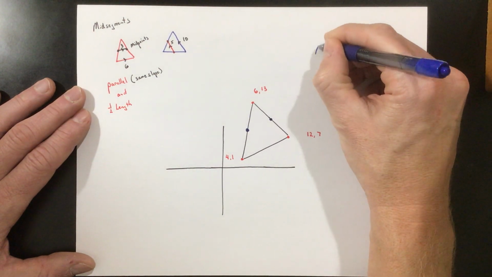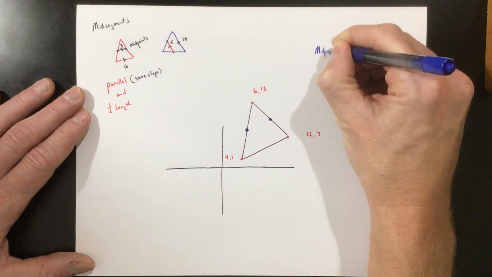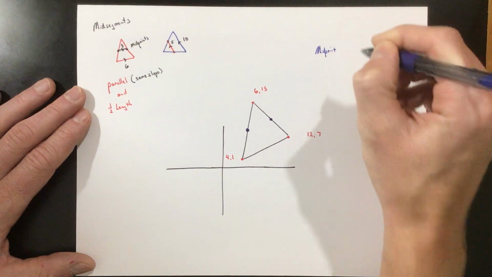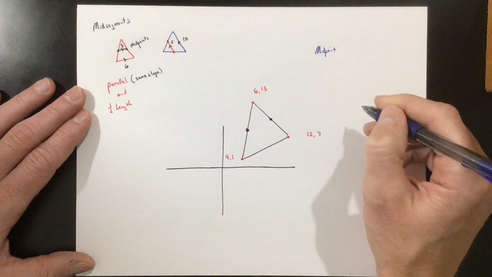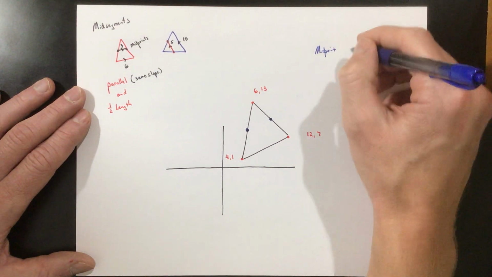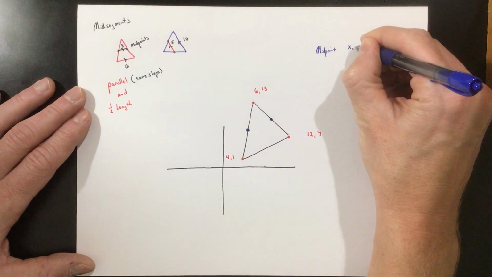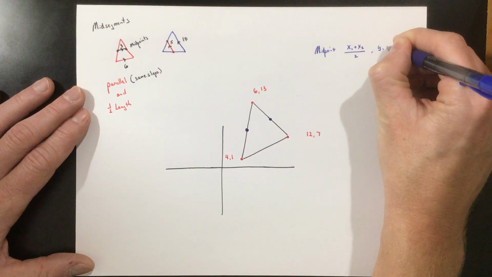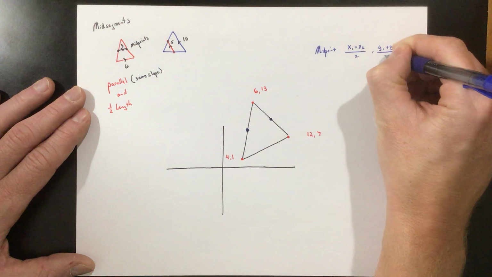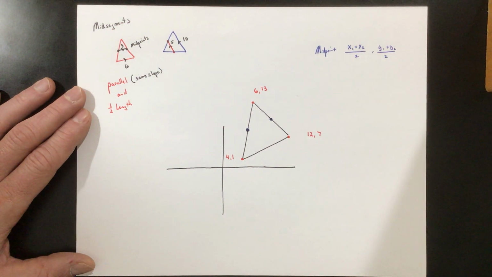Okay, so let's remind ourselves how to find the midpoint. Well, the midpoint is just the middle, which is also the average. I know I hate this, but that is how you find the midpoint, because that's how you find the average of two numbers. You add them together and divide by 2, which is also the same thing as the middle.